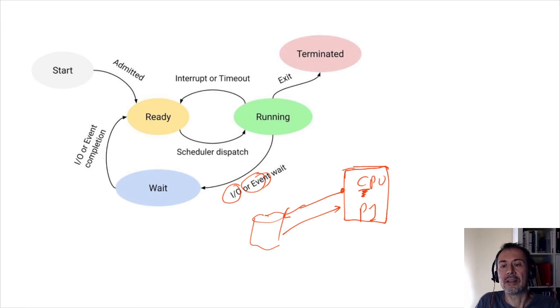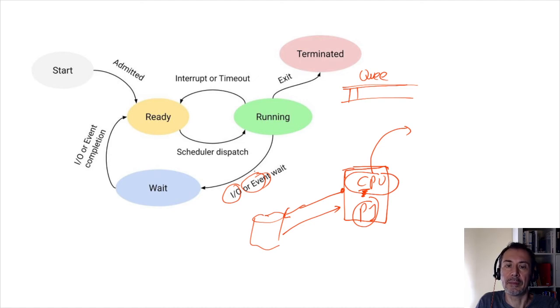When that happens, the process is removed from the CPU, but in that case it doesn't go to the queue with all the programs ready for being executed, because we can't execute this process again until the input-output operation or the event has finished.